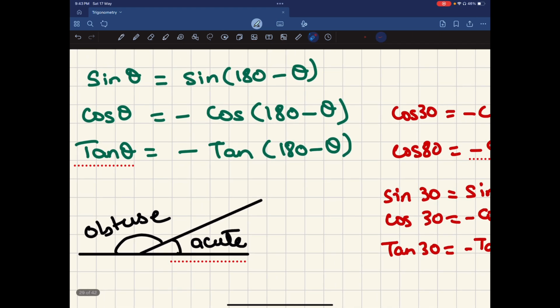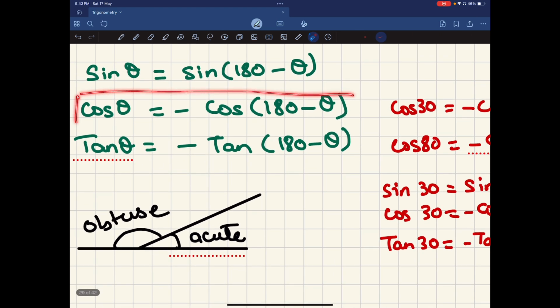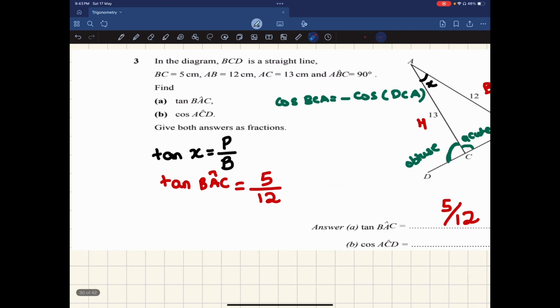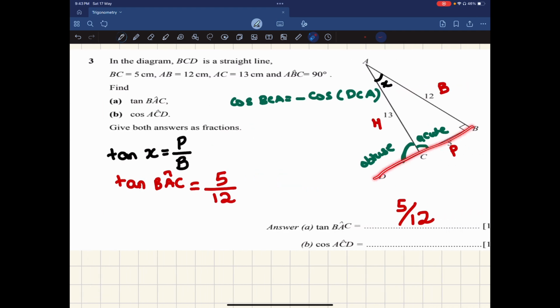So cos of theta is negative cos of 180 minus theta. This is the acute angle, this is the obtuse angle. Now, since this is a straight line and these add up to 180 degrees, both of these are supplementary angles. The question asks us to find the cos of DCA, but we have no idea what this angle is, right?